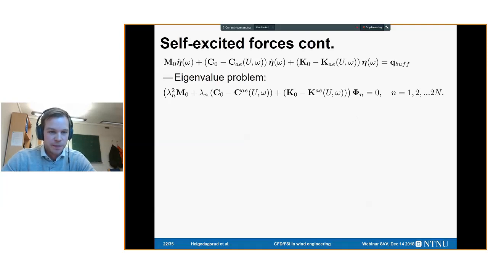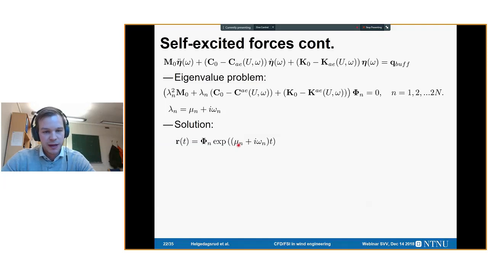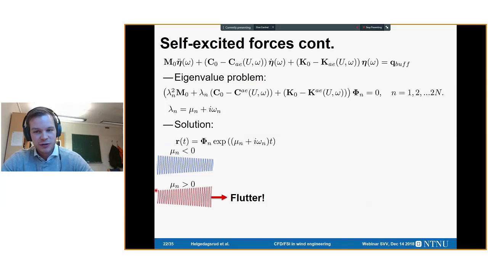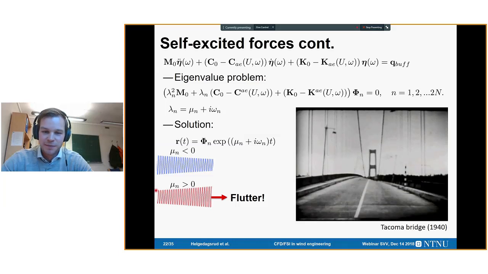And for oscillating systems, the eigenvalues appear as complex conjugates, where you have the imaginary part as the oscillation frequency, and you have the real part as the decay, which is hopefully negative, so you have a decaying response. But if your real part switches sign at some wind velocity, you have a divergent system, which is recognized as flutter. And this is the point where I bring up this guy.